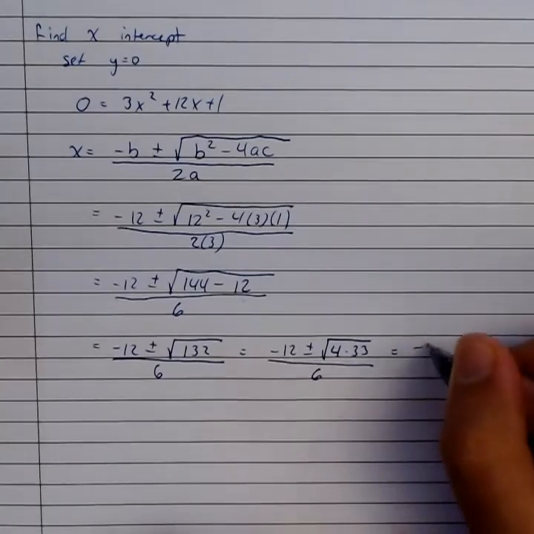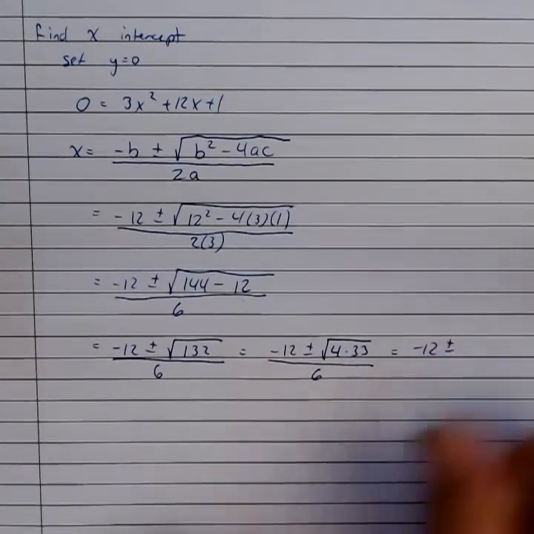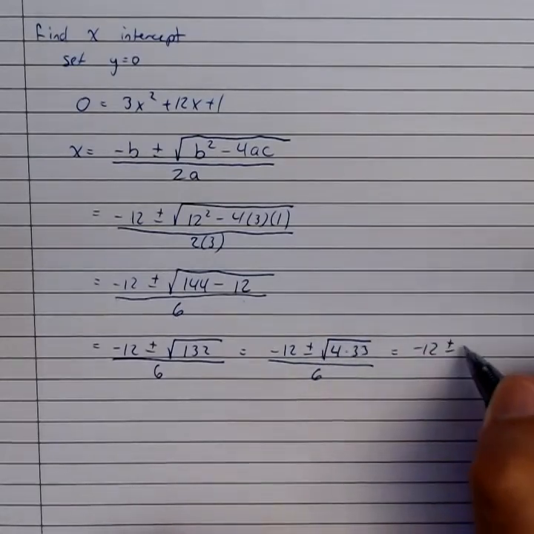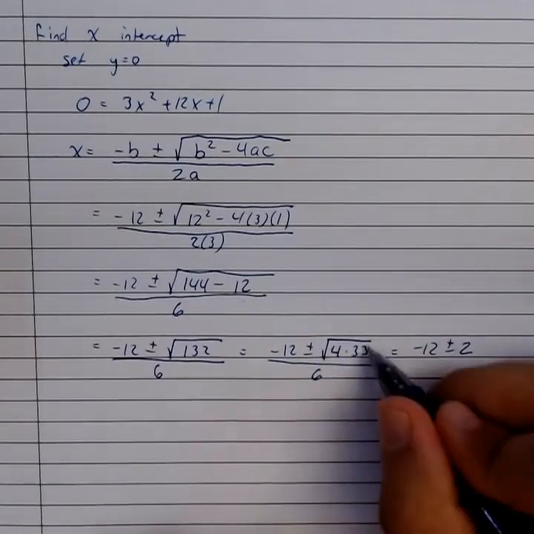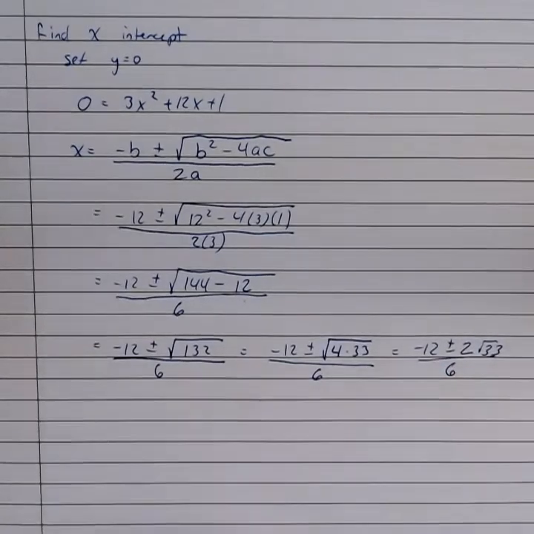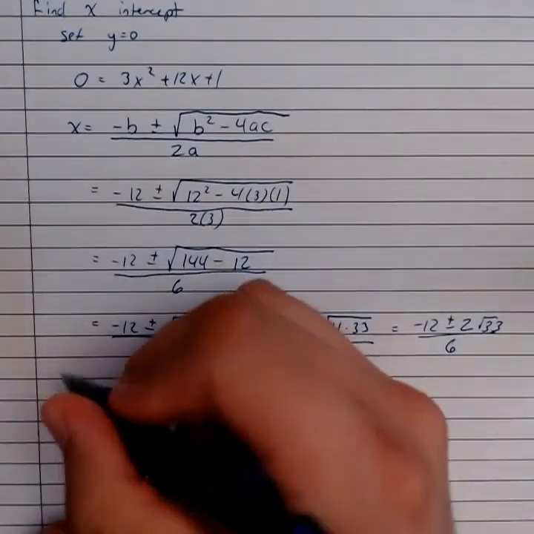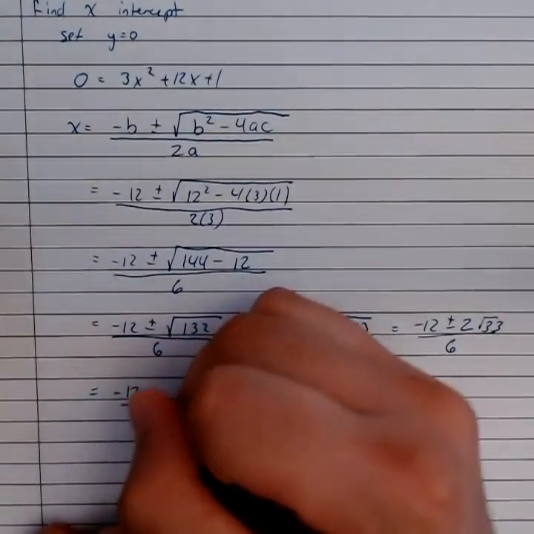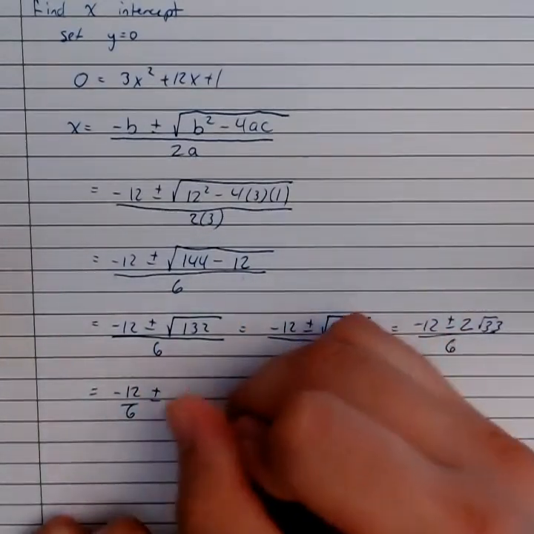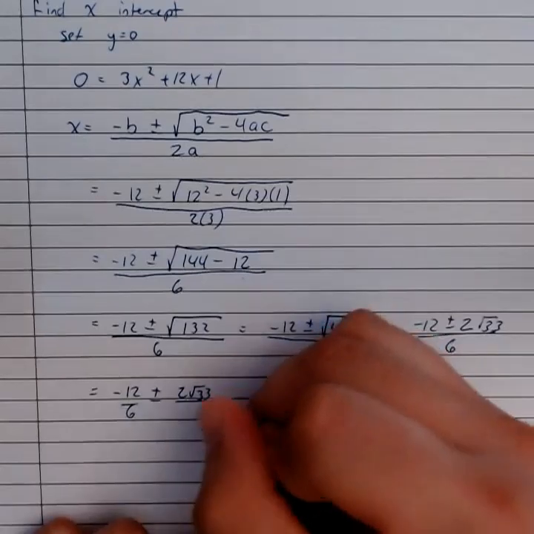Okay, so that's going to be negative 12 plus or minus. I don't know the square root of 33, but I know the square root of 4. That's just 2. The square root of 33 stays like that, all over 6. And now we can actually reduce and simplify. We can write that as negative 12 over 6 separately, plus or minus 2 root 33 over 6.